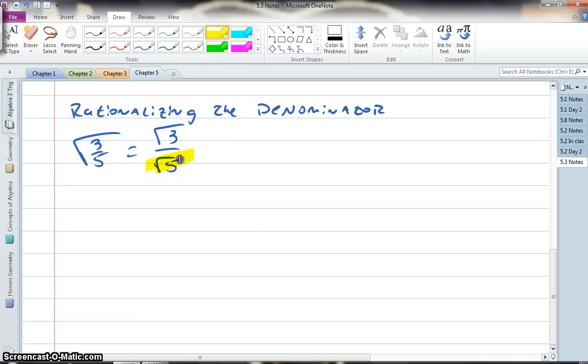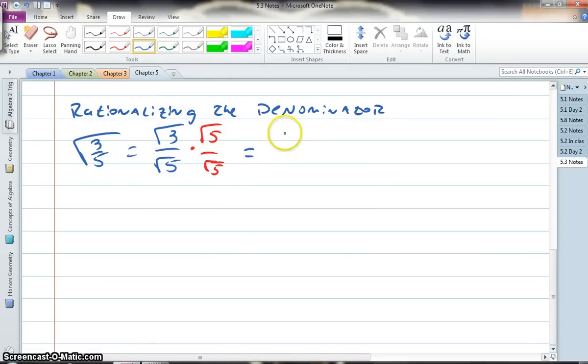Now, there is no square roots allowed in the basement. So how do we get rid of that? Well, we take whatever that square root is, and we're going to multiply it by itself. Now, we're allowed to do this because root 5 divided by root 5 is really equal to 1. And multiplying anything by 1 doesn't change the value of it. We're just changing the appearance of it. It's kind of like we're getting a haircut. We're the same person, we're just changing the way it looks.